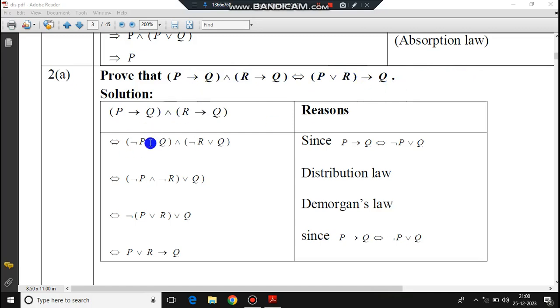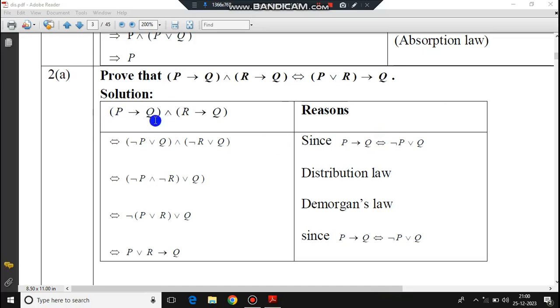Now let us take this left hand side first. Okay, so left hand side we are taking, that is P implies Q and R implies Q. Now this equation can be written like this. How? By using this formula, P implies Q is exactly equivalent to negation P or Q. So inside the bracket, use this particular idea.